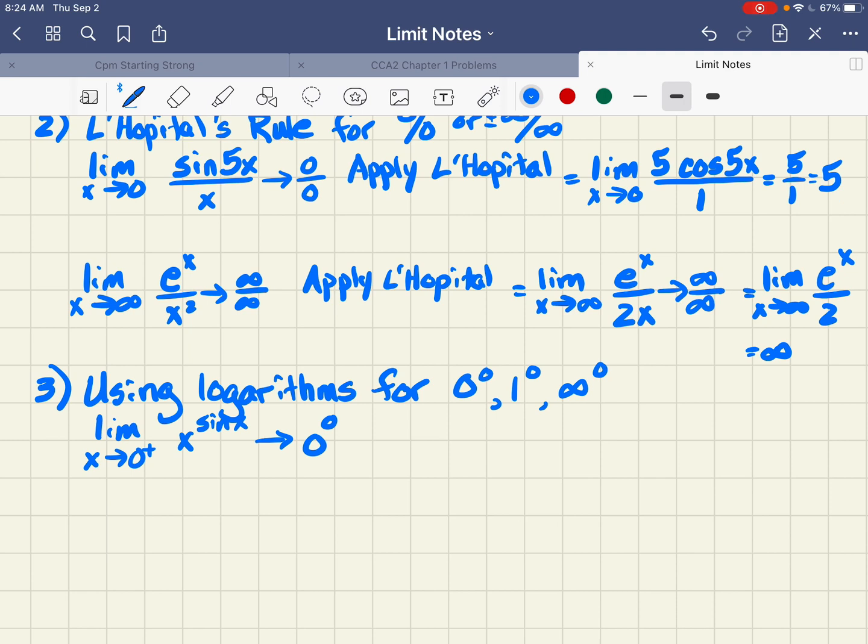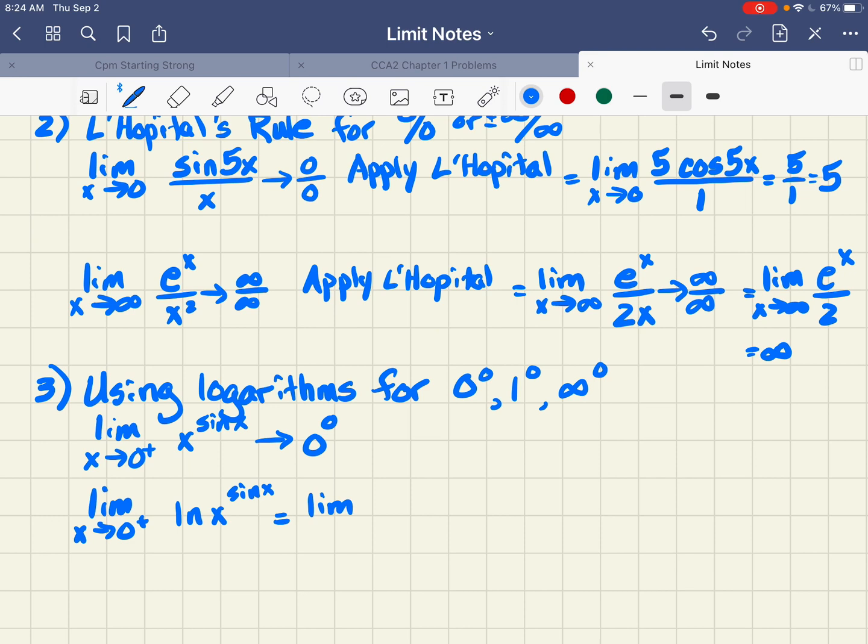So what we're going to do when we have one of these exponential indeterminate forms is take the log. So this isn't going to equal it; this is doing a different limit. I'm going to take the limit as x approaches 0 on the right of the natural log of x to the sine x. Logs are really useful, and this is a great example of a time when they are.